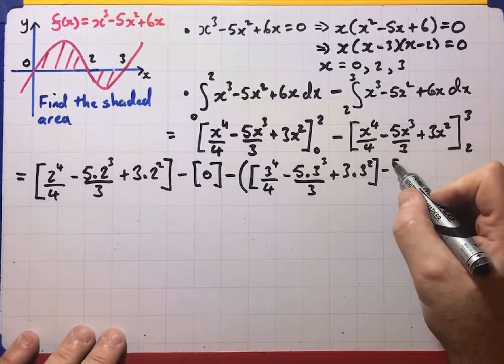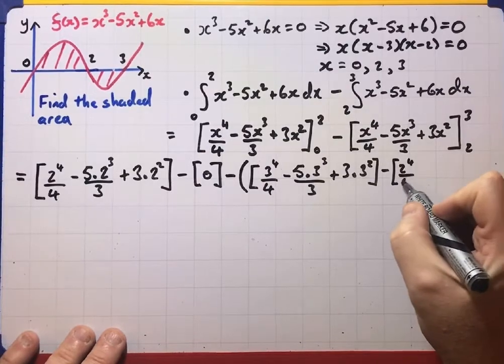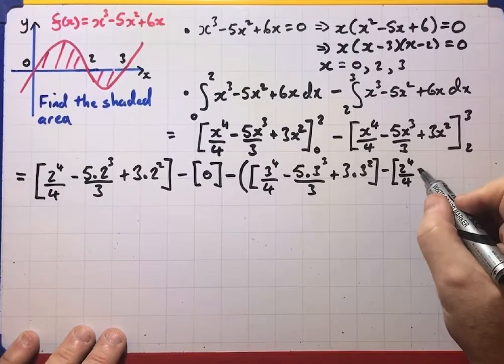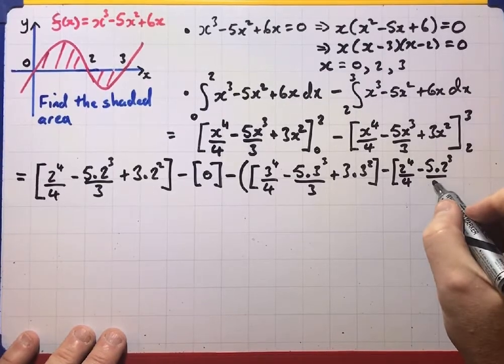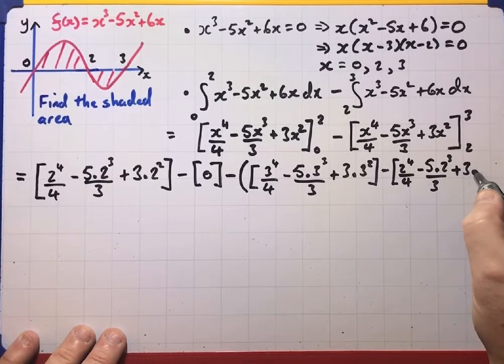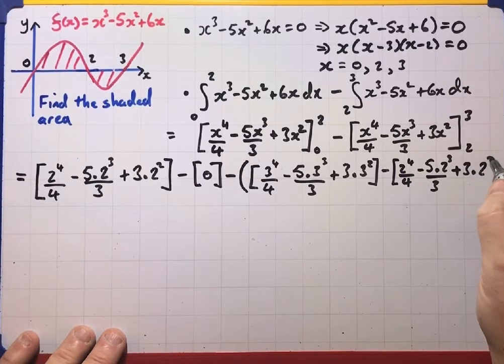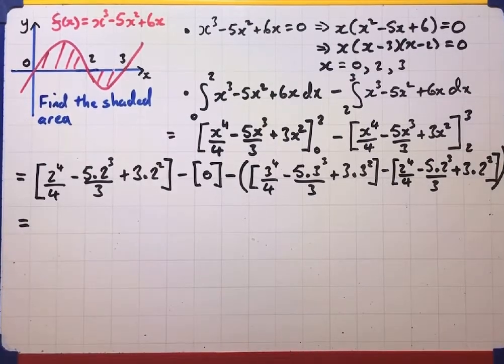So just put in those numbers again, which is 2 to the power 4 over 4. Take away 5 times 2 cubed over 3 plus 3 times 2 squared. And close that bracket. What we'll now do is use our calculator to work out these values.